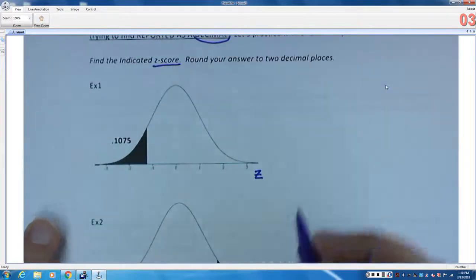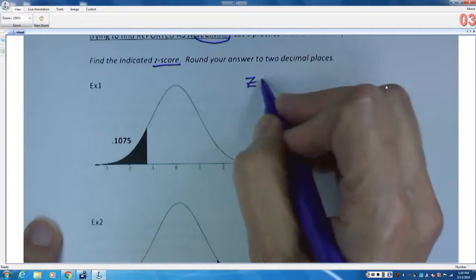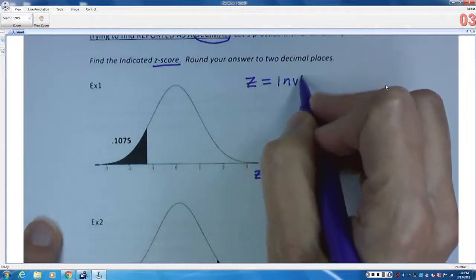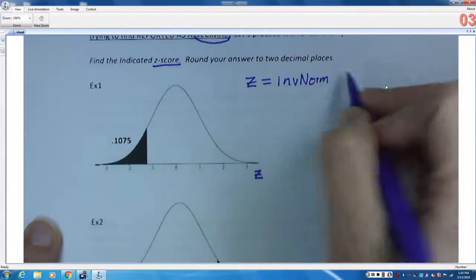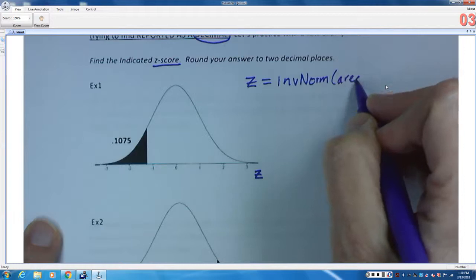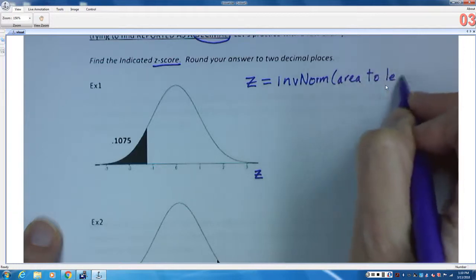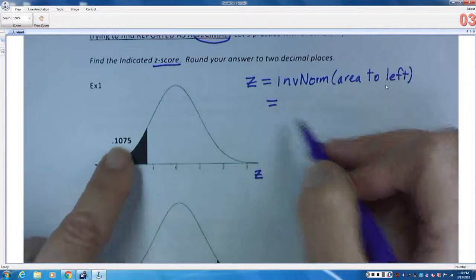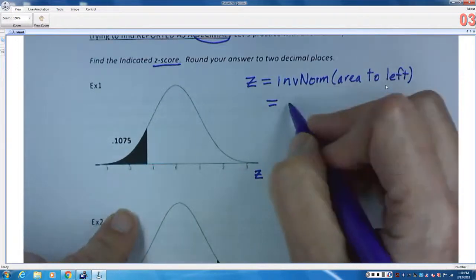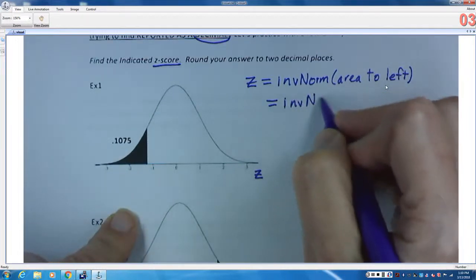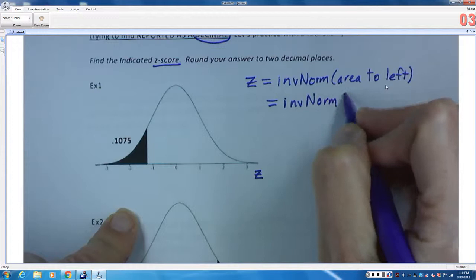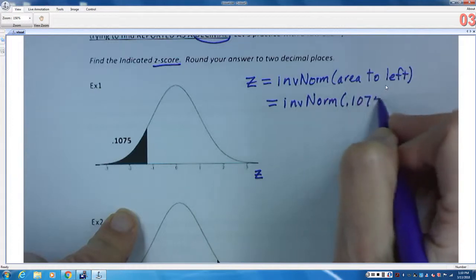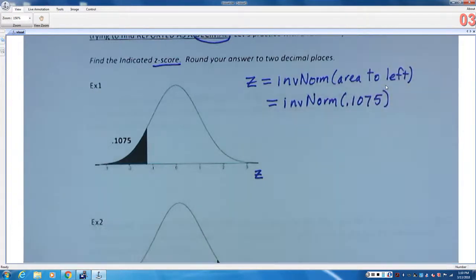So z equals inverse norm of the area to the left, written as a decimal. So in this problem, we're given the area to the left is 0.1075. So if we just put that in our calculator, we're going to get z.